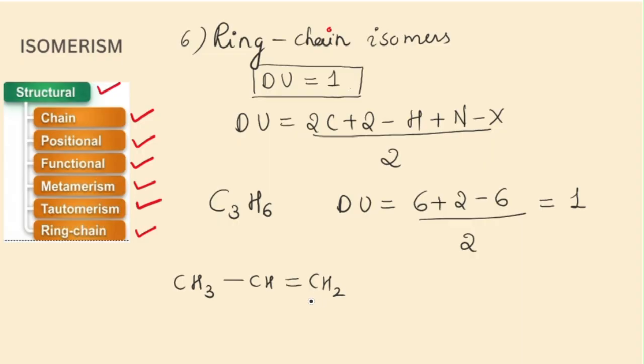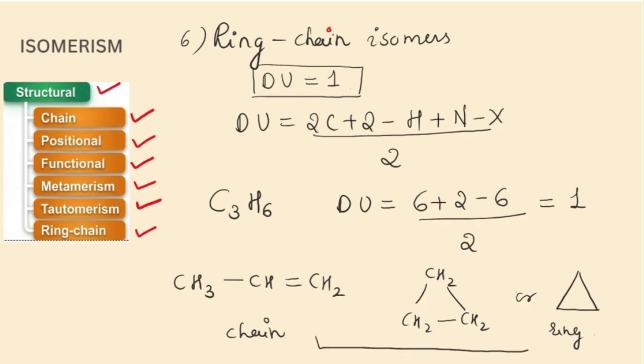And what is this? This is a propene molecule and it is an open chain structure. Can we write a ring structure? Yes, we can write a ring structure. It's nothing but cyclopropane. Either you can write like this or simply the bond line structure. So this is the ring structure. And what is the relation between these two molecules? The relation between these two molecules is ring chain isomerism.